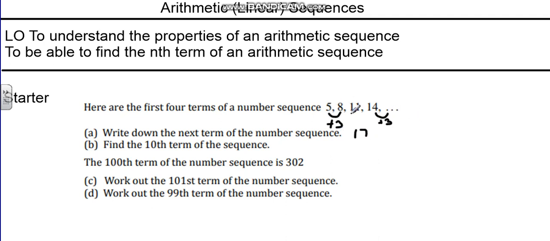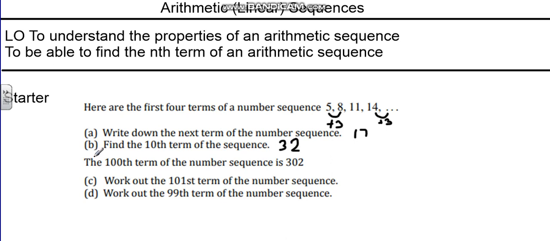You just need to keep adding threes. So it would be 32. Okay. All right. So we're going up in threes. All right. And then get to the 10th one, it will be 32.